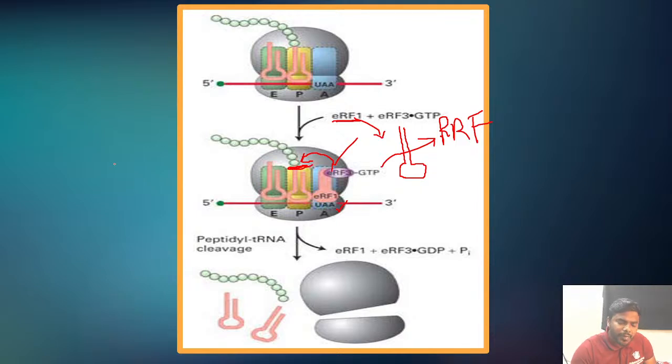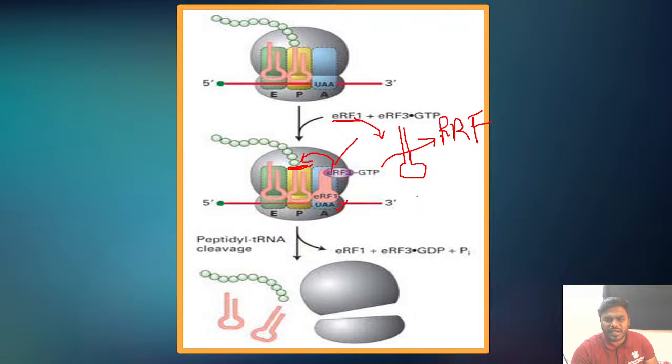So the peptide bond came out, there is no doubt about it. Every student, listen to me carefully. Once the peptide bond comes out, whatever tRNA is present on the P site will become uncharged tRNA. Of course, true. And we also know that the uncharged tRNA has to move from the P site to the E site.